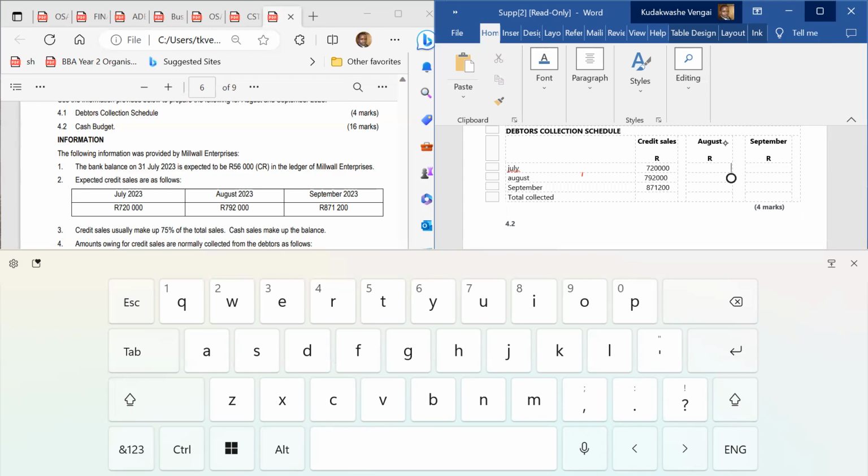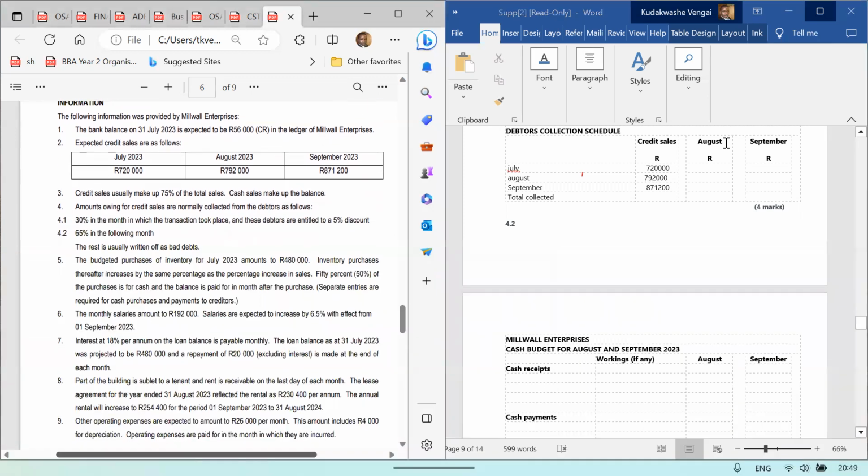Cash sales make the balance. Point number 4 says amounts owing for credit sales are normally collected from the debtors as follows: 30% in the month in which the transaction took place, and these debtors are entitled to a 5% discount. Then 65% in the following month, and the rest are bad debts, which means they are not collected.